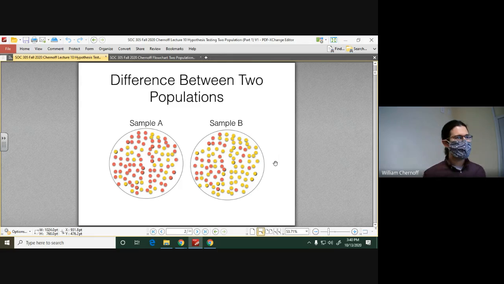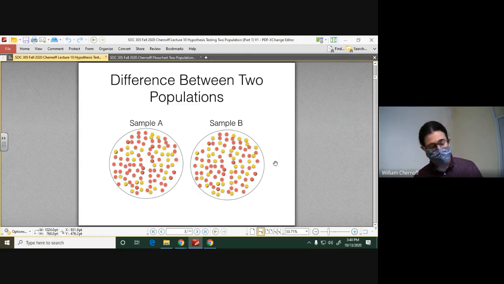The problem with random sampling is that it's random. There's an element of chance. So I'm sorry to break it to you guys, but you can get unlucky in life and you can draw a bad sample, or maybe not the best sample that you could draw. Here we have, again, two samples. And it could be that sample B is different from sample A. But in this situation, the sample we got, it's kind of hard to tell.